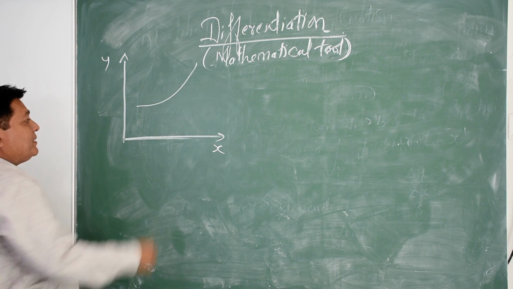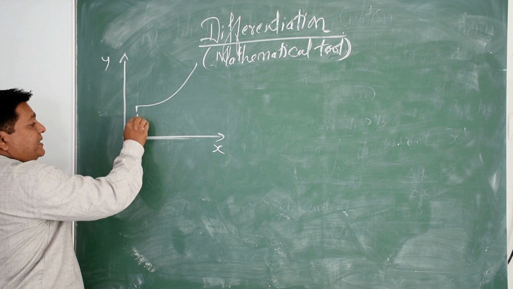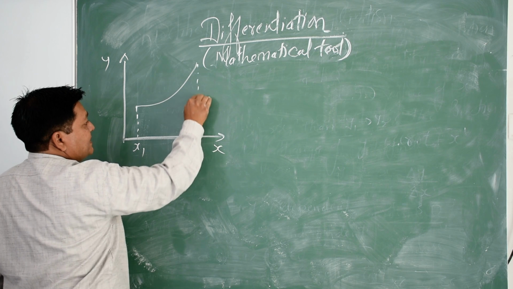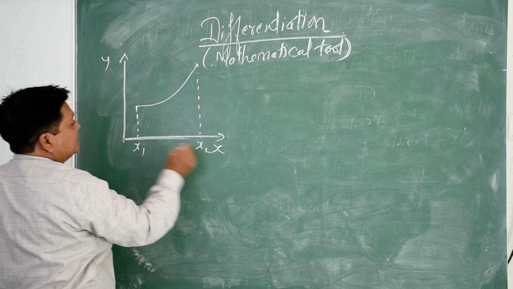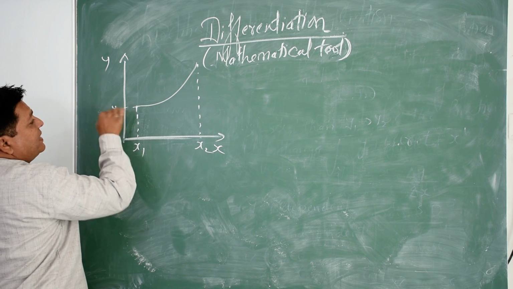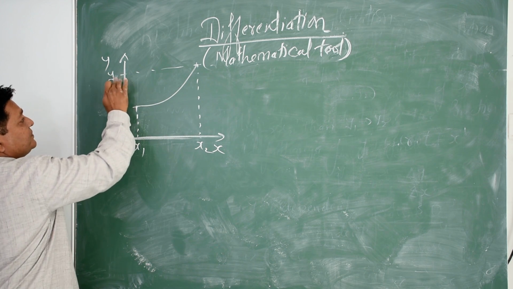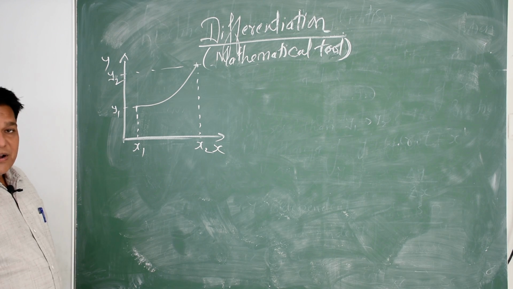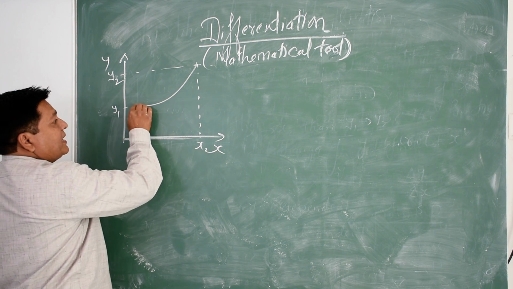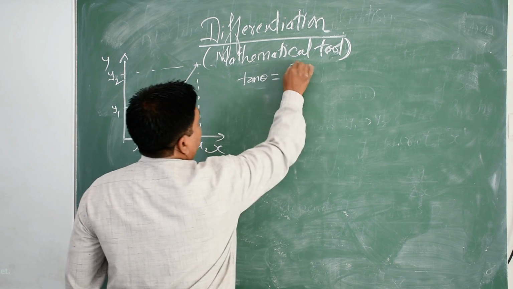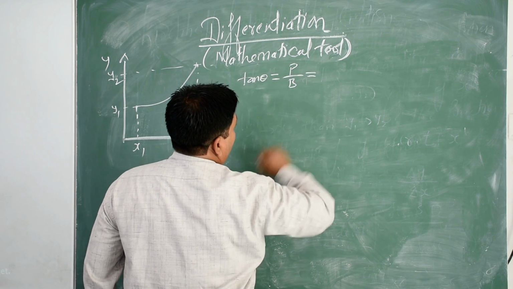I consider this point here, x1, according to x this is x2, according to y this is y1, and this is y2. The slope of the graph gives us tan theta, which is equal to what? Perpendicular upon base.